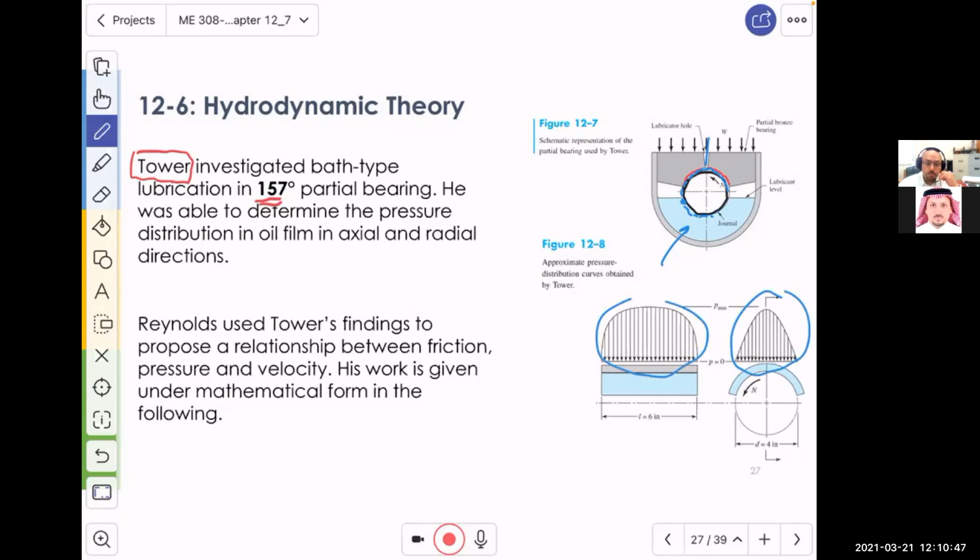And Reynolds found the result by Tower, and he understood that there is a clear indication that there is this relation. It can be modeled in another way.